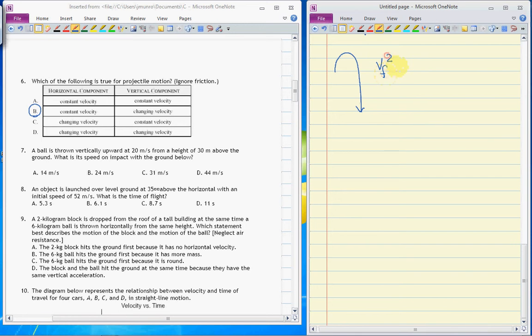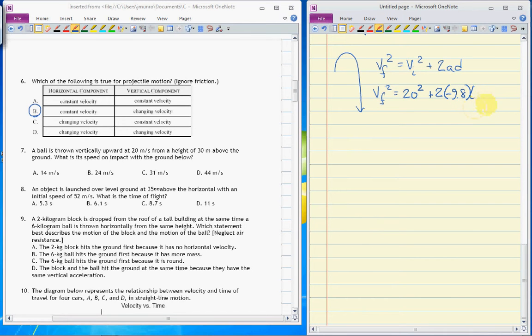VF squared equals VI squared plus 2AD. One of the great things about this formula is that if you keep your sign straight, all of the math works out on its own. VF squared is equal to 20 squared, the vertical velocity initially, plus 2 times A. Now this is negative 9.8.